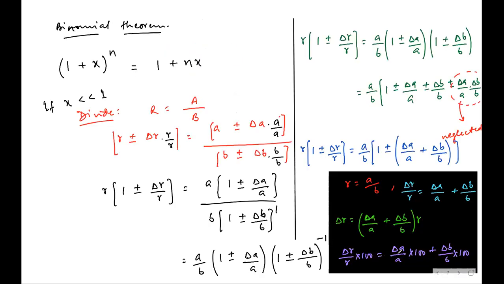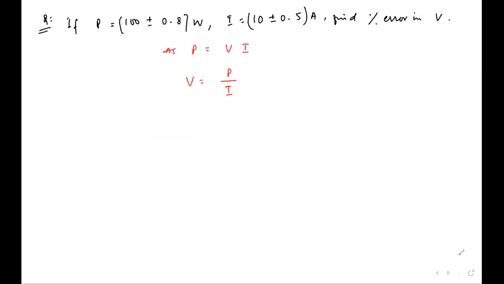It will be delta A by A into 100, meaning percentage error in the first part, plus delta B by B into 100, meaning percentage error in the second part. So it will be delta V by V into 100 is equal to delta P by P into 100 plus delta I by I into 100.